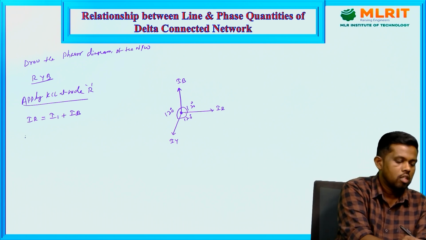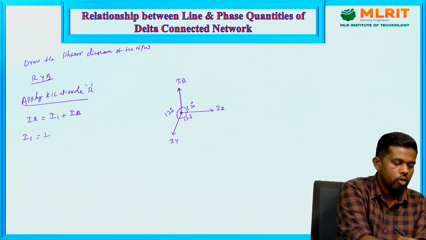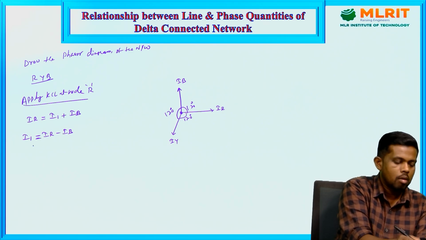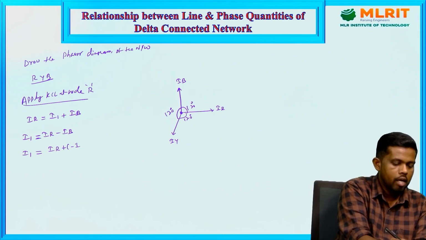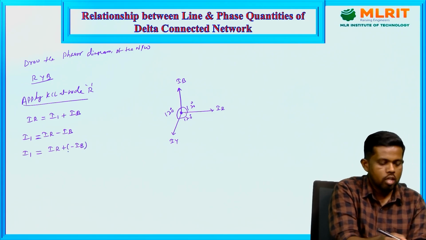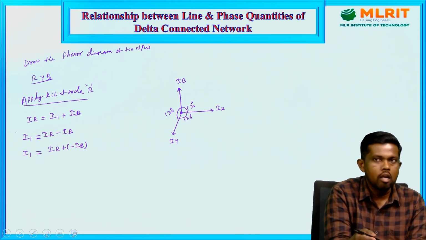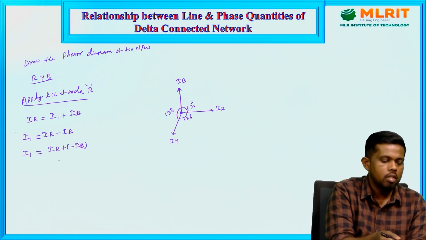So we need to write the phase and line quantities separately. Based on that, I1 equals IR minus IB, so we take the phasor sum. Therefore I1 equals IR plus (minus IB). The line current I1 is a combination of the R phase current and minus the B phase current.